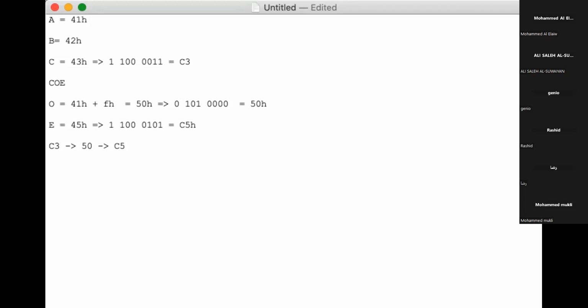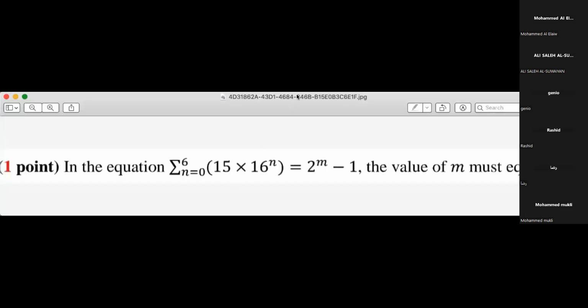Okay, we have another question. Any other question about this? I see so many questions about the parity code. It's a confusing subject for the students. This is a nice question, and it is basically a direct application of the conversion algorithm from hexadecimal to decimal.